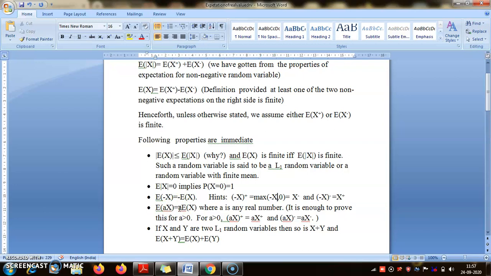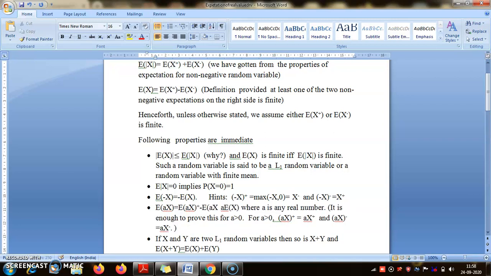It will be equal to the expectation of ax plus, minus the expectation of ax minus. Right, we are just applying the definition as it is. So this is what it is, right?